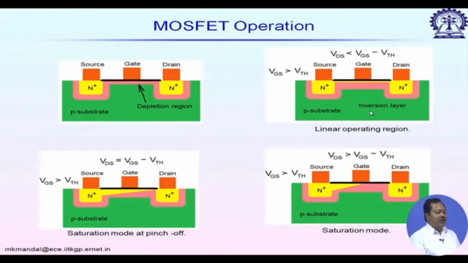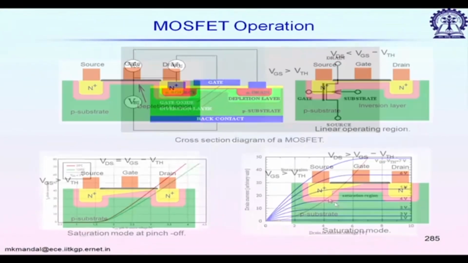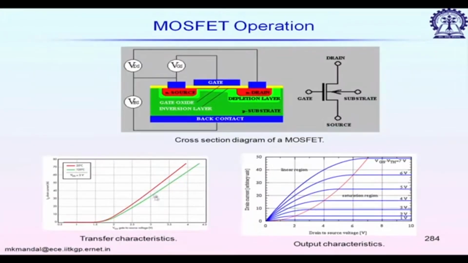In this case one small inversion layer is created, and we have a thin conducting layer here, and we can represent the device by a resistance, or we have this linear region of this curve. Now, if I keep on increasing the drain to source voltage for a given gate to source voltage, then what will happen? We have this pinch off condition.